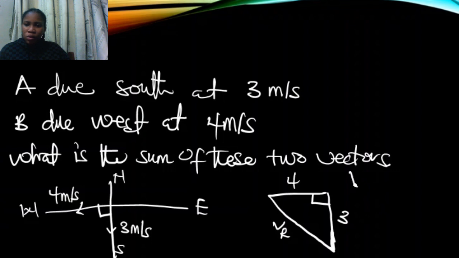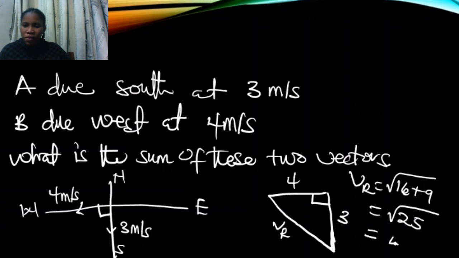And in doing that, we see that VR will be equal to the square root of 16 plus 9, which is equal to the square root of 25, giving you 5 meters per second. So our resultant vector, or the sum of these two vectors, is 5 meters per second.